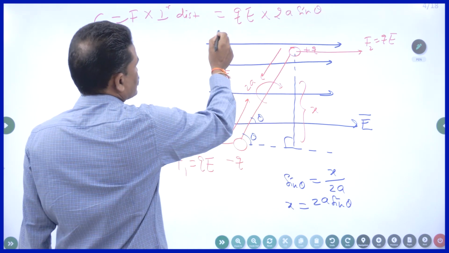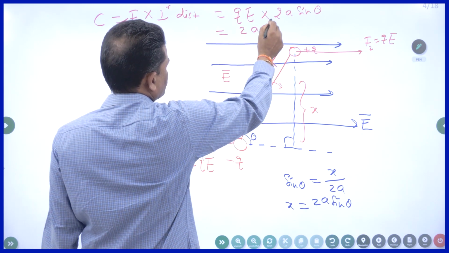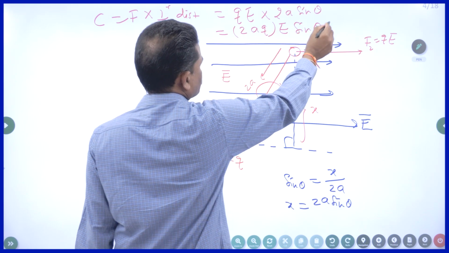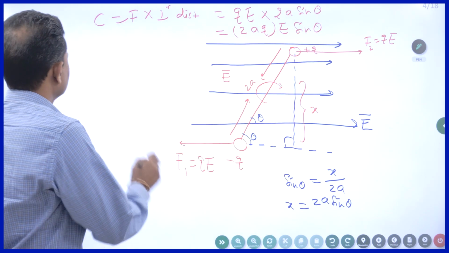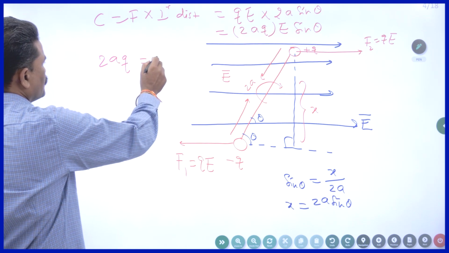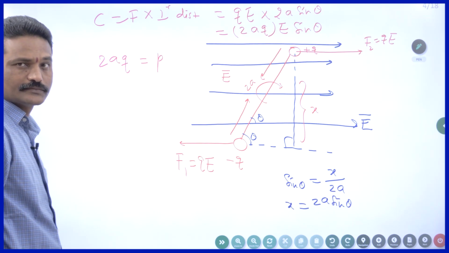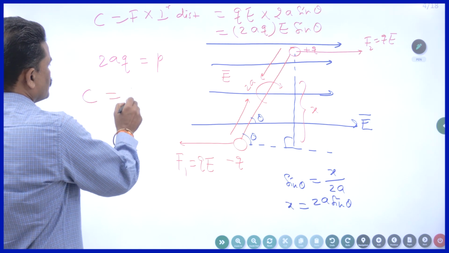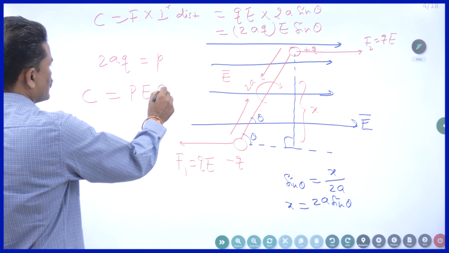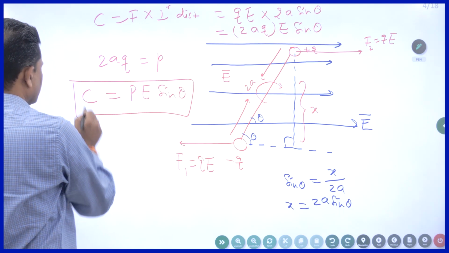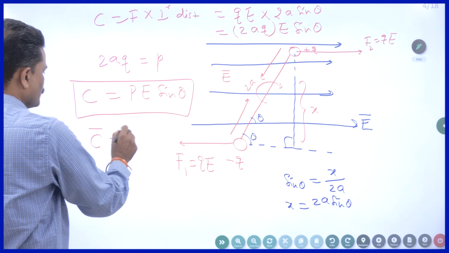I rearrange, I write this as 2aq times E sine theta. This 2aq is called the dipole moment of the electric dipole, indicated by P. So P is called the dipole moment. So C becomes PE sine theta. In vector notation, I can write this as C is equal to P cross E.